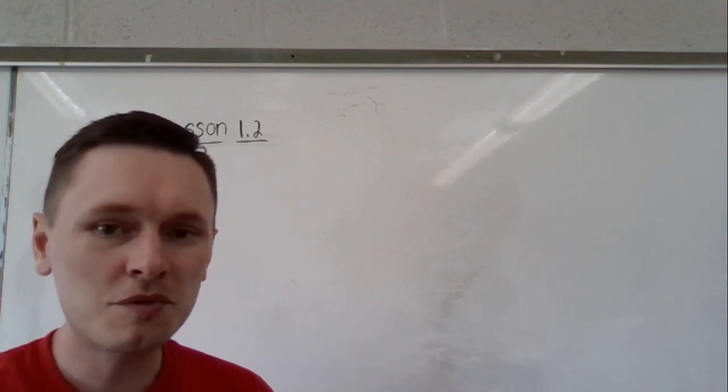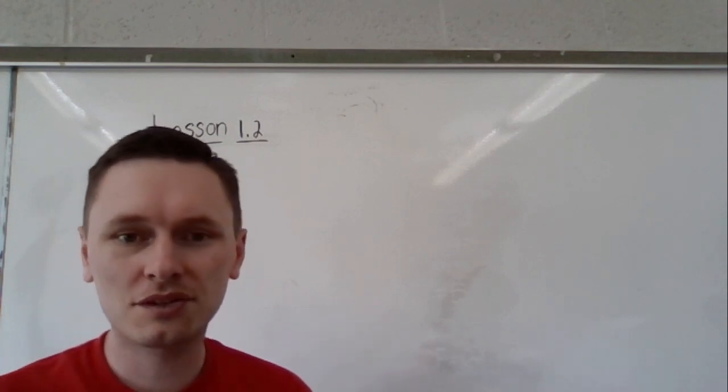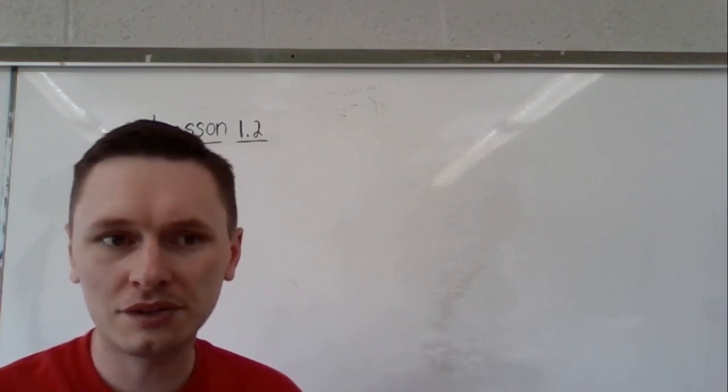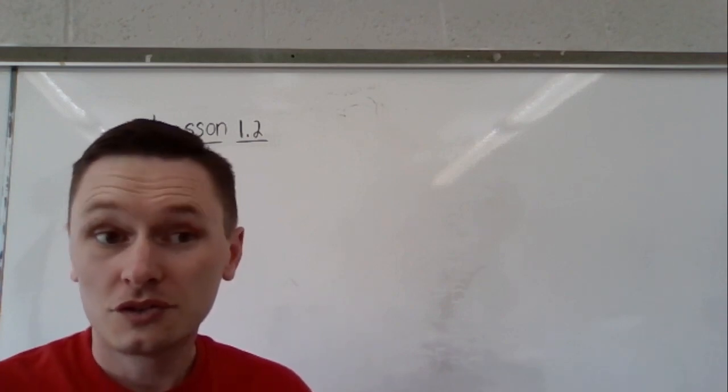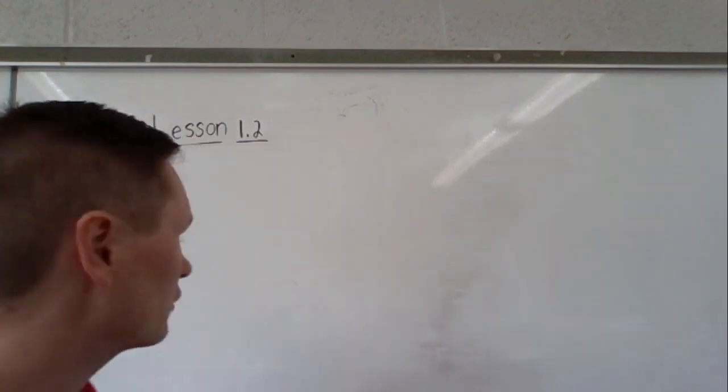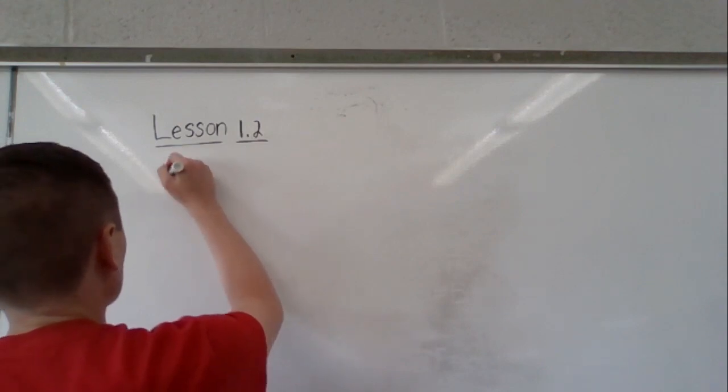Nerlich. So, today we're working on lesson 1.2, and lesson 1.2 talks about how you compare and order integers. When you compare and order integers, you must first graph the integers on a number line.